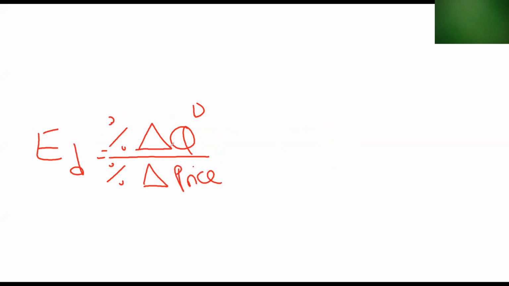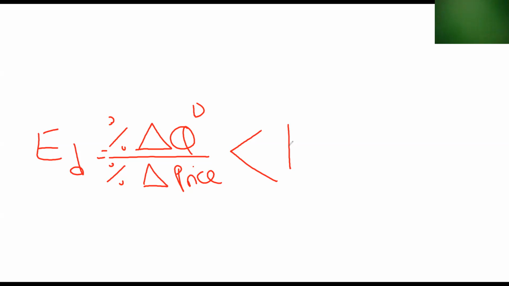Instead of change, I can write this little triangle, and we read it delta. It means change. So the question is telling you that this whole ratio is less than 1, because the demand for toothpaste is inelastic.